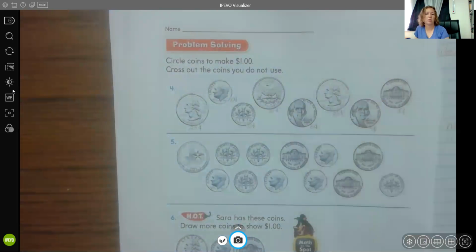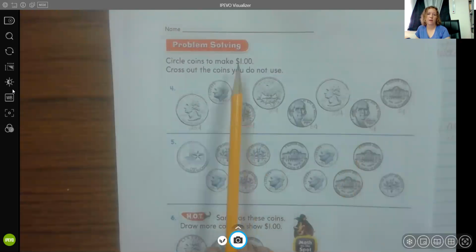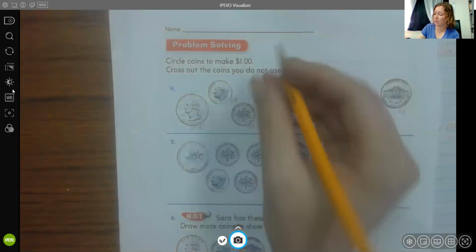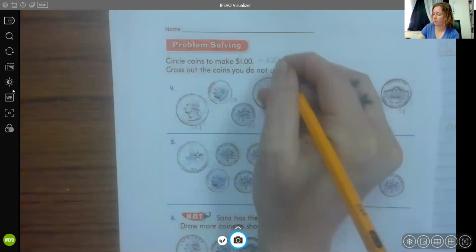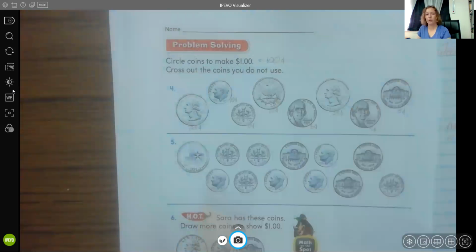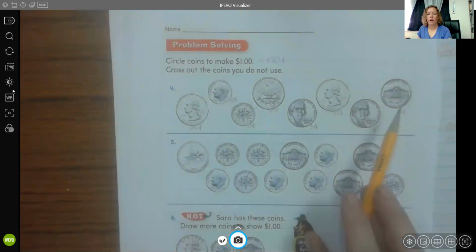Okay, so that should help you out by making sure you know what the coins are and how much they're worth. So they're wanting you to figure out which group of these coins you can put together to equal $1, which is 100 cents, okay? So you're not gonna use all of them. All right.